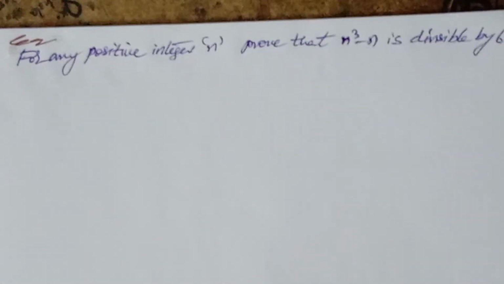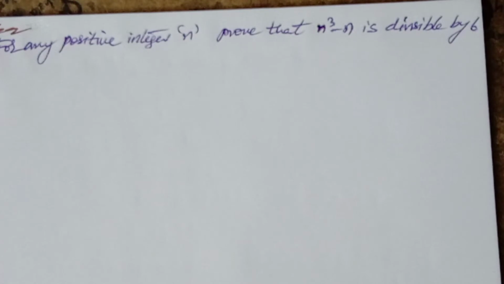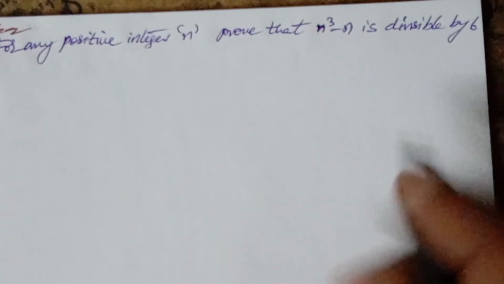Now we will go to the last question, number 7. After this we will conclude. For any positive integer n, prove that n cube minus n is divisible by 6.